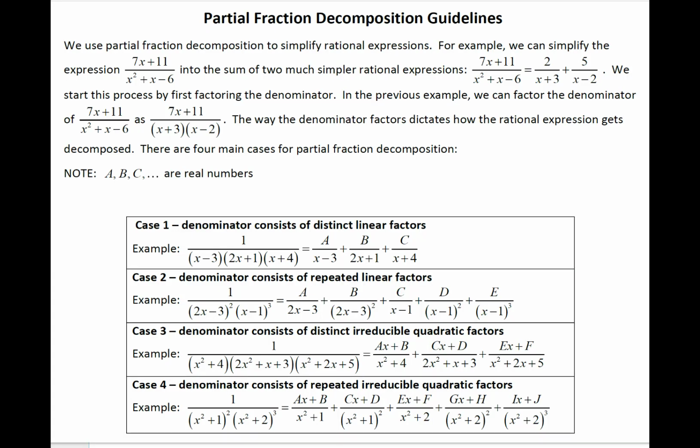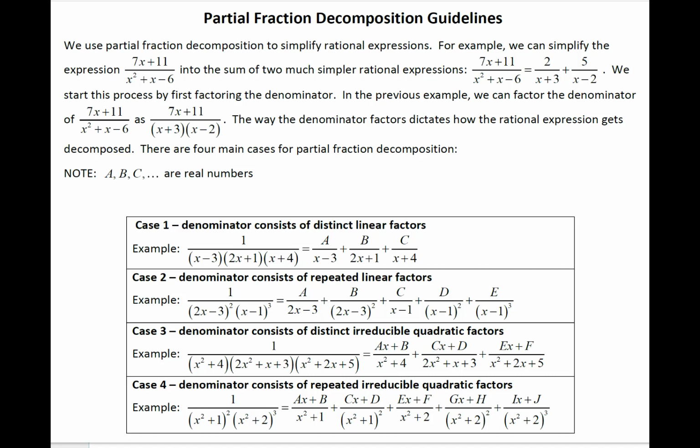Okay, as I said before, the purpose of partial fraction decomposition is to take a rational expression and split it up into a sum of simpler rational expressions. And the way these things are going to break apart depends entirely upon how the denominator factors.